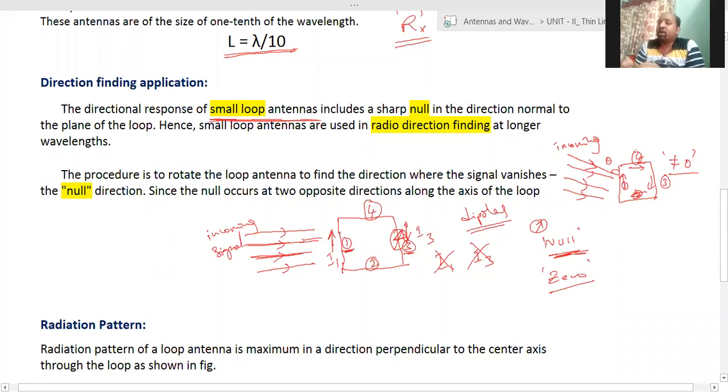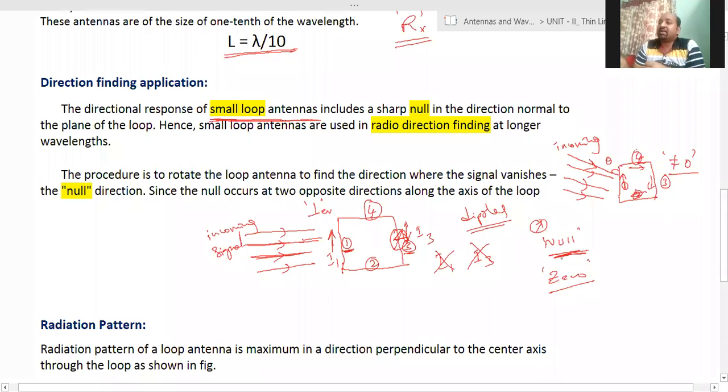So that is a very important point. Whenever the incoming signals are perpendicular to the loop antenna, a null will be obtained, and that is the direction of the incoming signal.